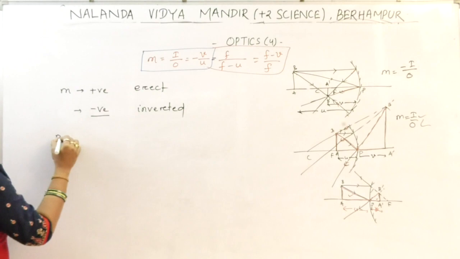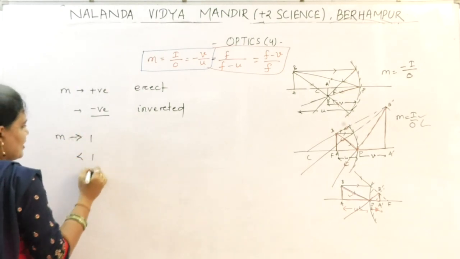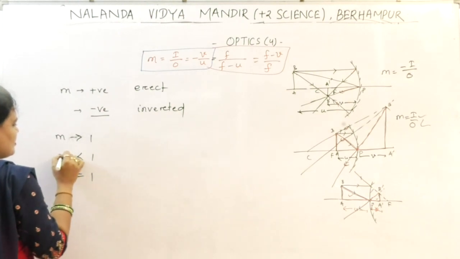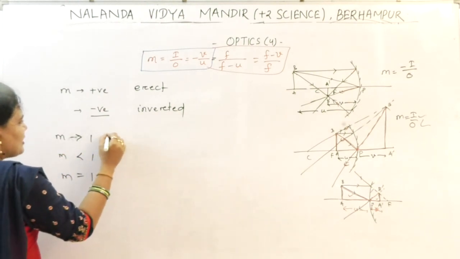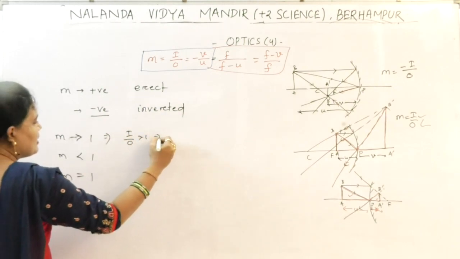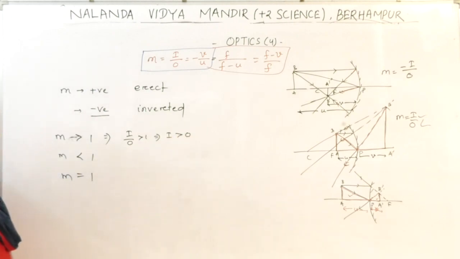Then again, M can be greater than 1, less than 1, or equal to 1. If M is greater than 1, what does it mean? I by O is greater than 1. That implies I is greater than O. Image is greater than object.